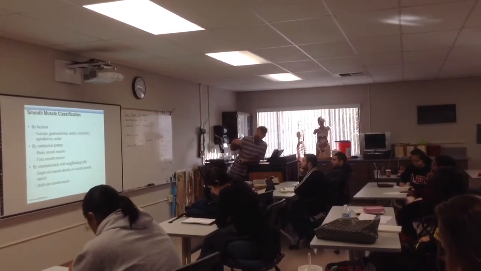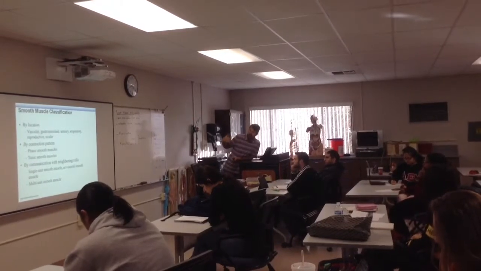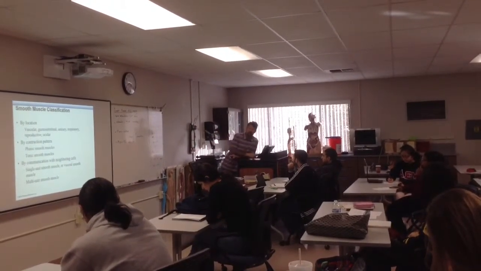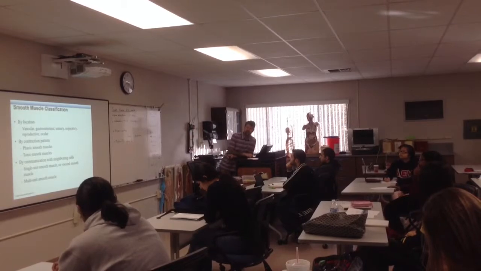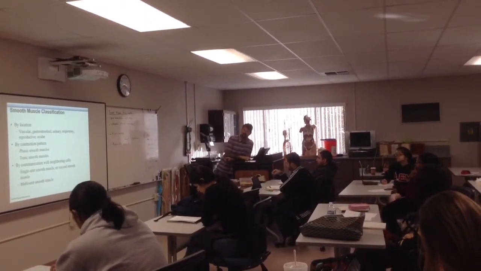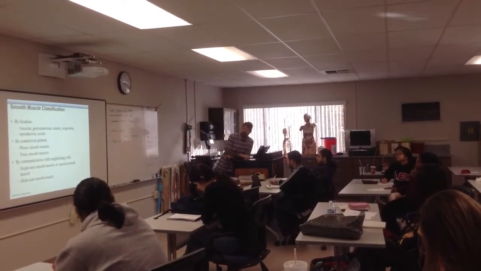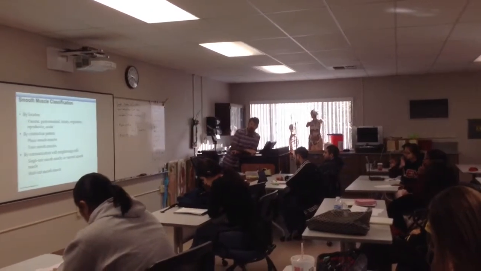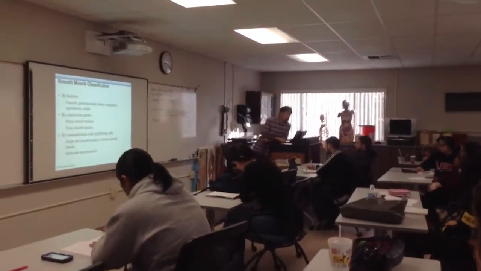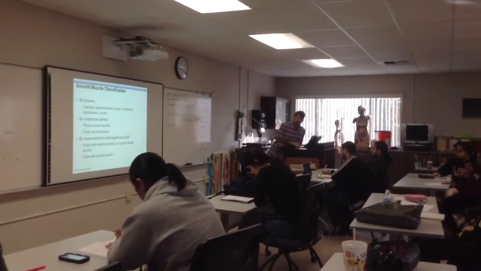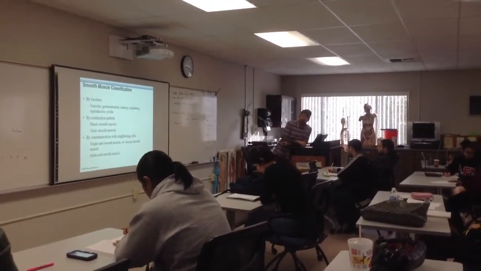Now, what I want to show you as a comparison is this smooth muscle excitation contraction coupling. How does smooth muscle contract in comparison? I'll point out that smooth muscle is a lot weaker than skeletal muscle because it doesn't have nearly as many potential cross bridges that can form.